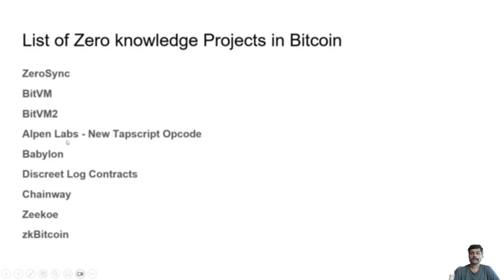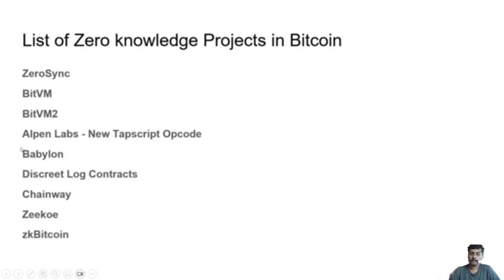Alpen Labs is also following zero knowledge proofs. The only thing is that they introduced a new opcode, and so that's why they need to fork the Bitcoin for that to work out. That's the only advantage. Disadvantage.